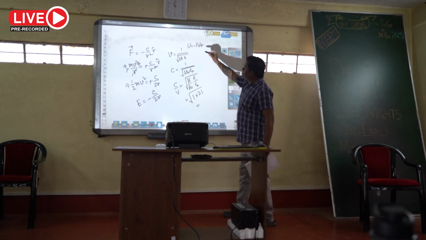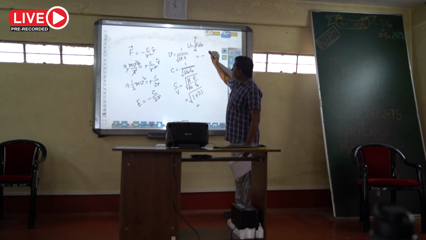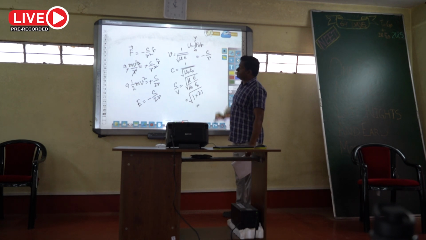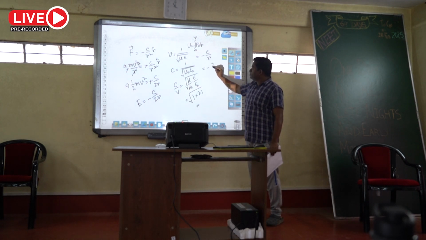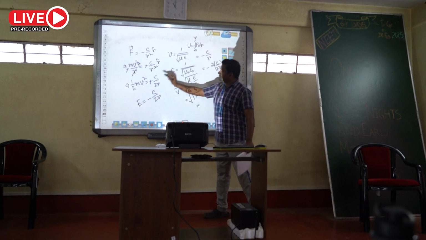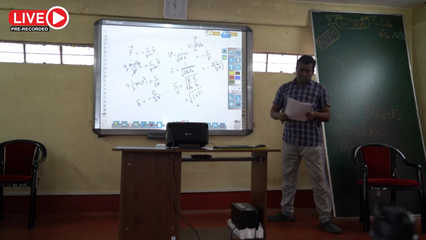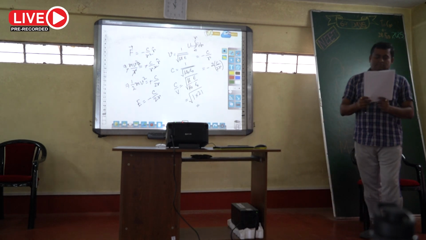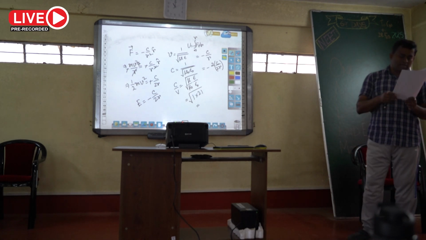Because if you calculate the potential energy from infinity to R, then you will get minus of C by R. Okay, minus of C by R. This can be written as minus of 2 times C by 2R. Then this is the potential energy, this is the kinetic energy. If you add these two, you will get total energy minus C by 2R. Then option A is correct for total energy.